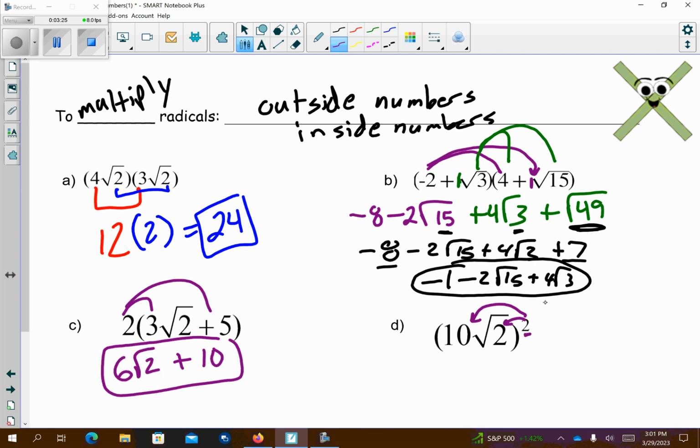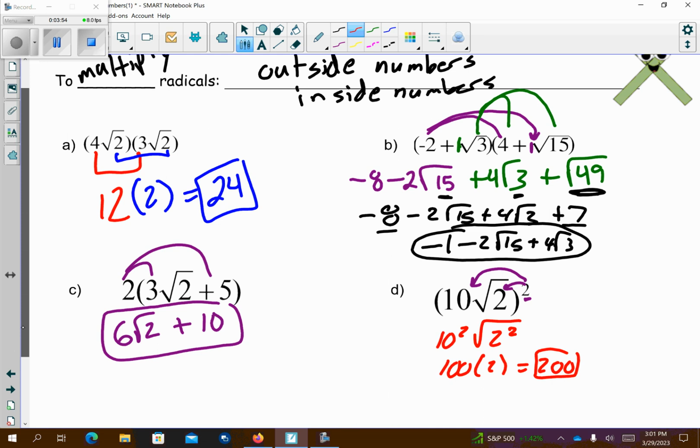This is going to go to both of these. So then I get 10 squared root 2 squared. Well, what's 10 squared? That's 10 times 10, which is 100. What's the square root of 2 squared? Well, 2 squared is 4, so what's the square root of 4? It's 2, so my answer to this is 200. You feel okay about this?